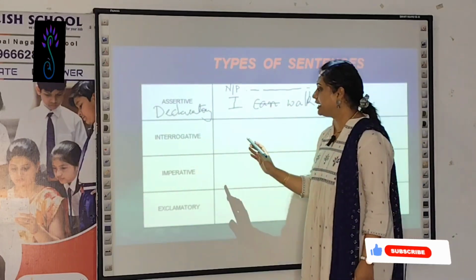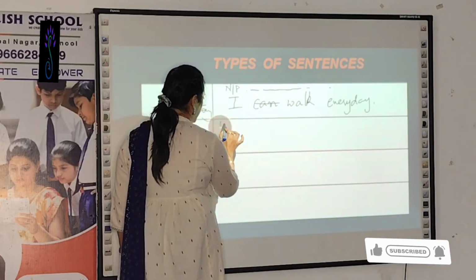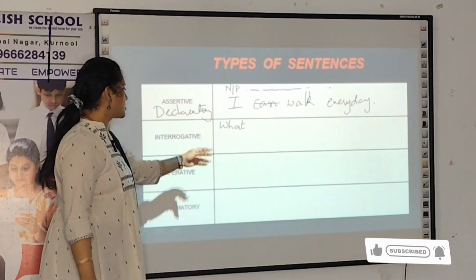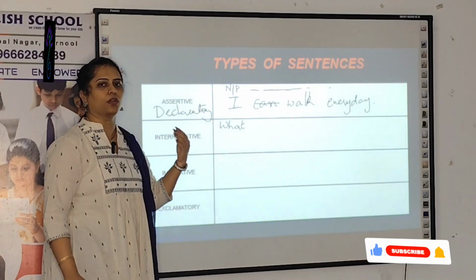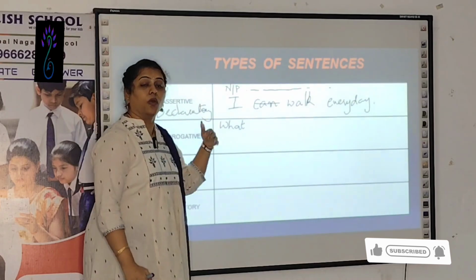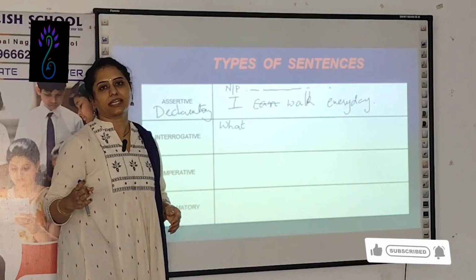Okay, coming to interrogative. Interrogative starts with a question word. Question words mostly start with WH, isn't it? What, where, which, when, why, whose, whom, and others are how much, at what time.